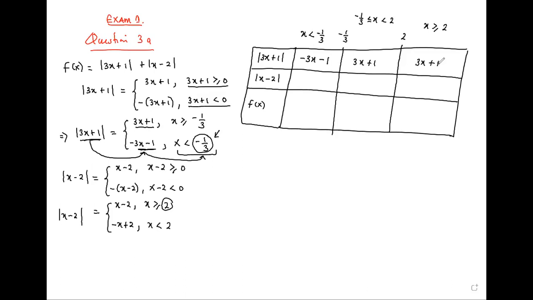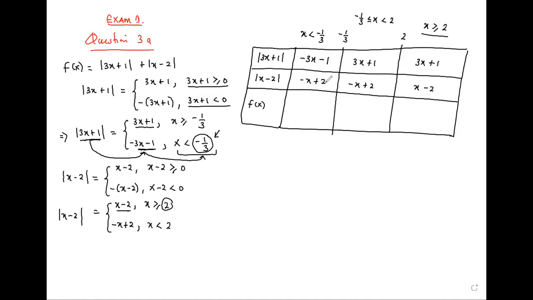Then for x minus 2, when x is greater or equal to 2, the function is defined as x minus 2, and anything less, it is defined as negative x plus 2.